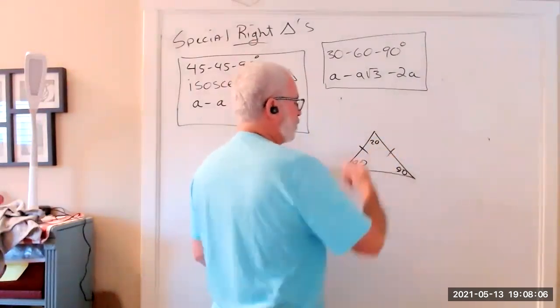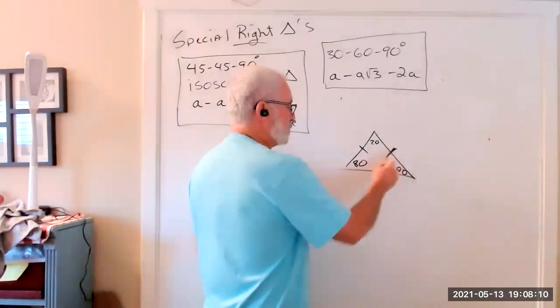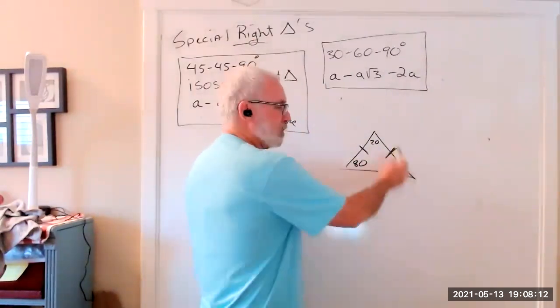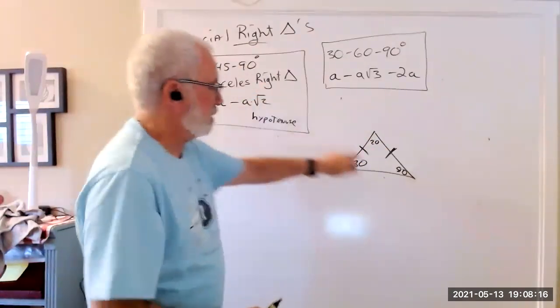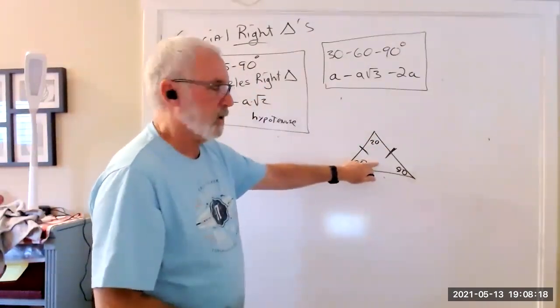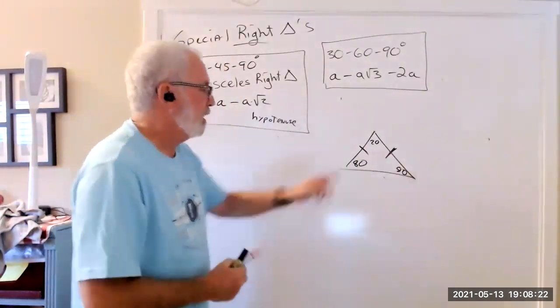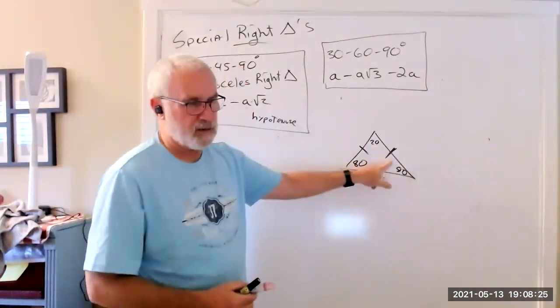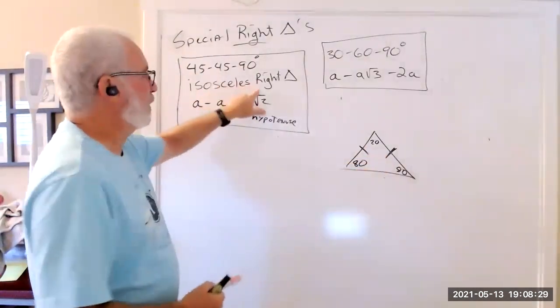This is just a general old triangle with two angles the same, so the two sides are the same. So this is also isosceles, but it's just not a right triangle. So isosceles refers to any triangle that has two sides that are the same. This was an isosceles right triangle.